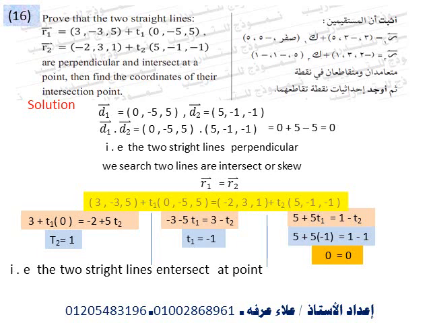We put T1 equals negative 1 in R1, or T2 equals 1 in R2, to obtain the point. R equals (3, -3, 5) minus 1 multiplied by (0, -5, 5), which equals (3, 2, 0). This is the intersection point.